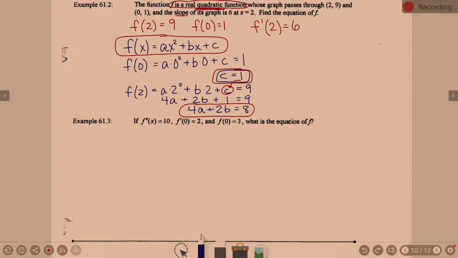Let's work with that. f prime of x: the derivative of ax squared is going to be 2ax. Move that 2, multiply 2 out front, subtract 1. Plus the derivative of bx is just b. Plus the derivative of c is 0.